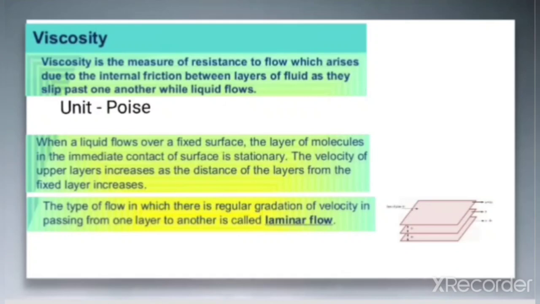The layer which is in contact with the surface is nearly stationary. So these layers are flowing at different velocities. Such a type of flow, taking place layer by layer, is called laminar flow.